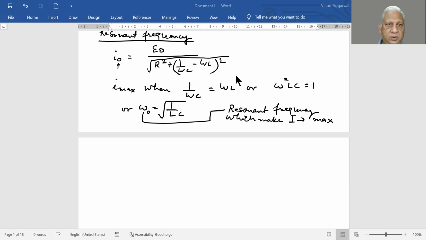Now, if we plot this function, which is a peak current vis-a-vis omega, the functions look something like this. On this axis, we take omega, and on this axis, we take phi.